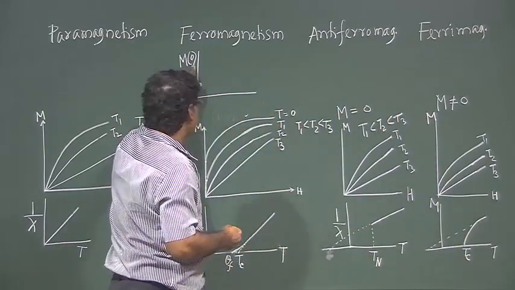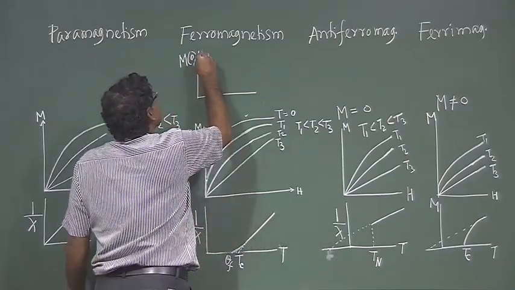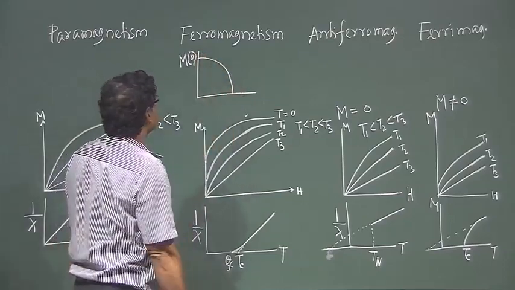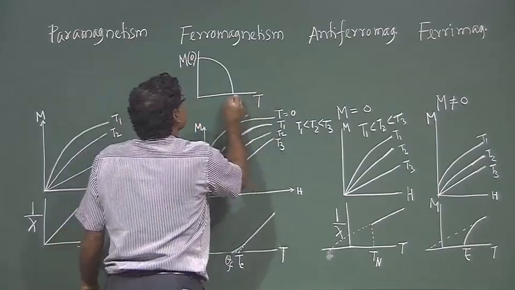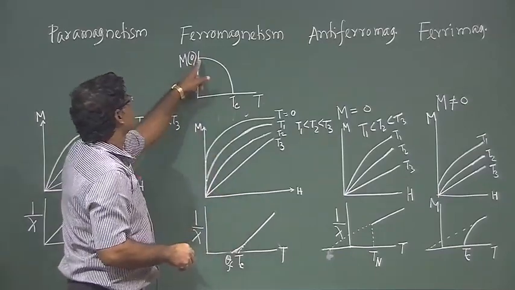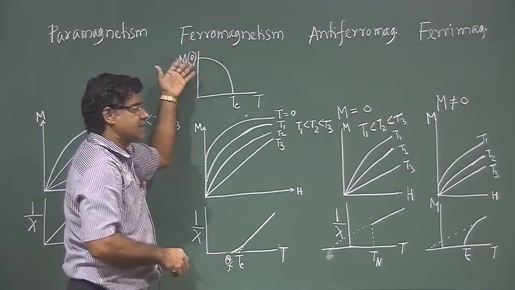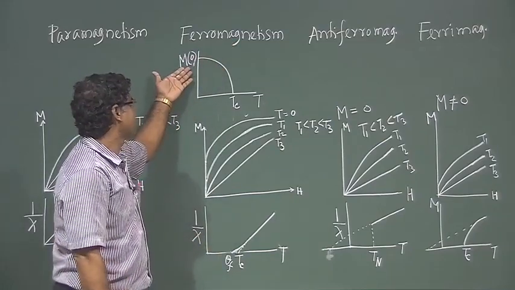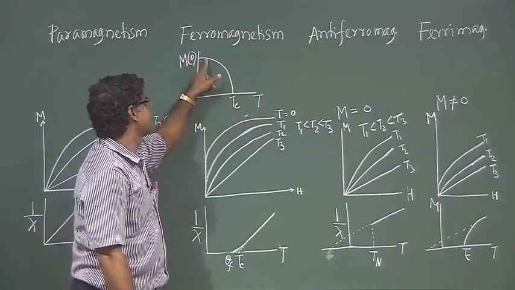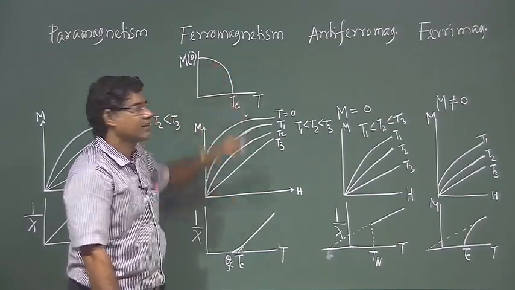Now, magnetic field is 0, so I have written M0. So, M0 shows this type of variation, this is T, this is Tc. So, without applying magnetic field, you will see the existence of magnetization up to the Curie temperature, but it's saturated one, and then it sharply falls down at the Tc.